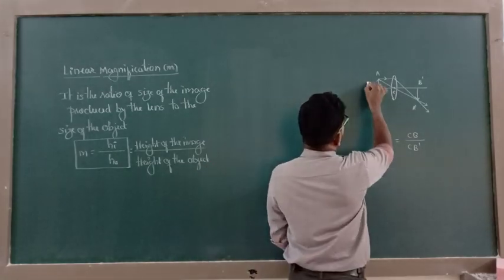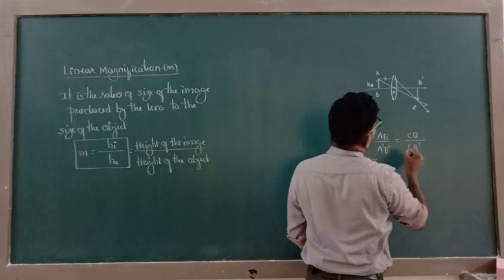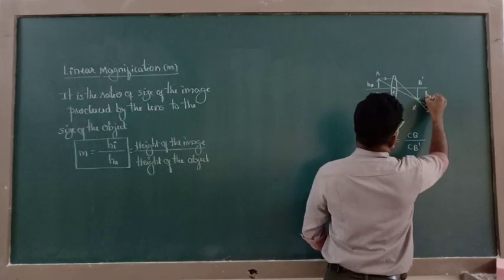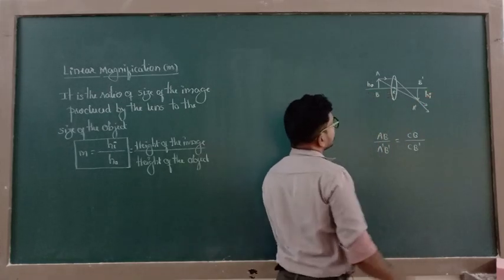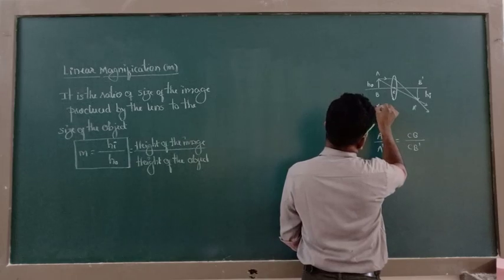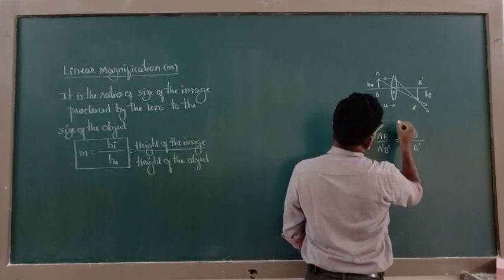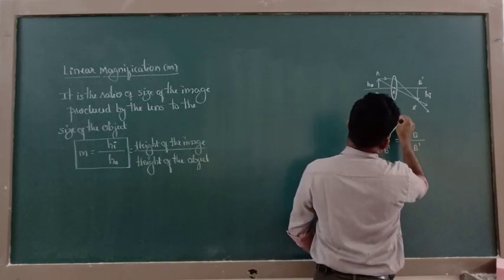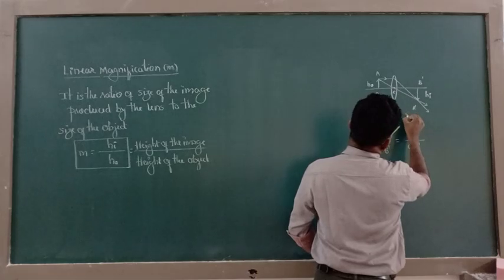AB represents height of the object, A dash B dash height of the image, CB represents object distance, CB dash represents image distance.